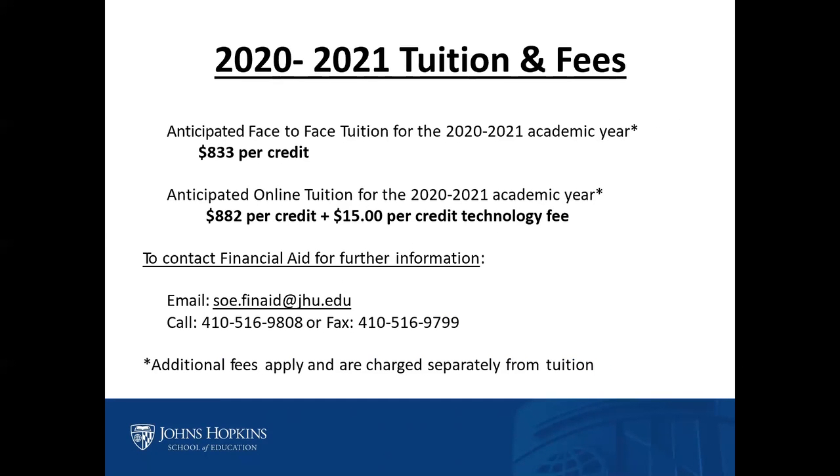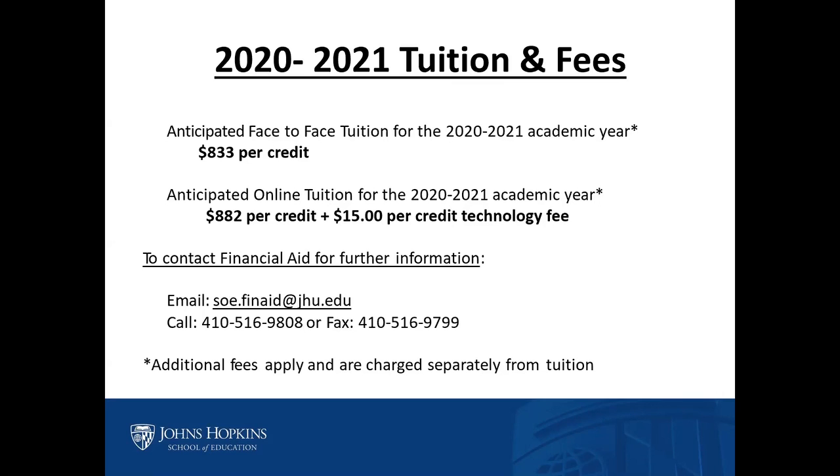The tuition for the 2020-2021 academic school year is $882 per credit for online classes and a $15 per credit technology fee. Please keep in mind this excludes textbooks, course materials, graduation fee, and registration fee.